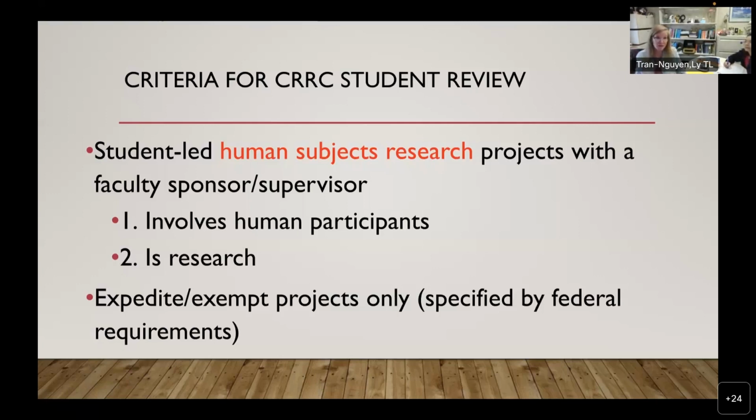One of those things that federal regulations includes is research on individual or group characteristics or behaviors. So in other words, it's pretty much the same as exempt, the difference being that you can identify the participants, but again, the research activities are a minimal risk to the participants.